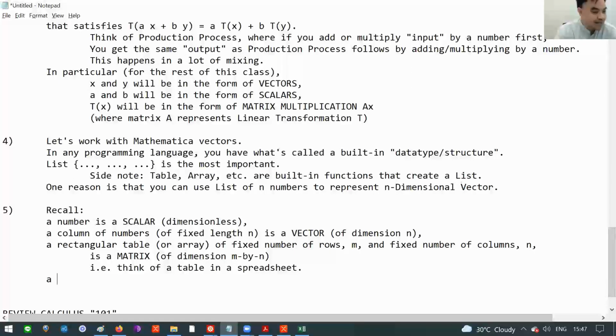What about a stack of rectangular tables? That is a tensor.